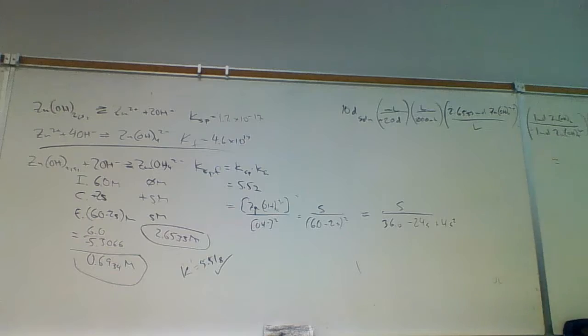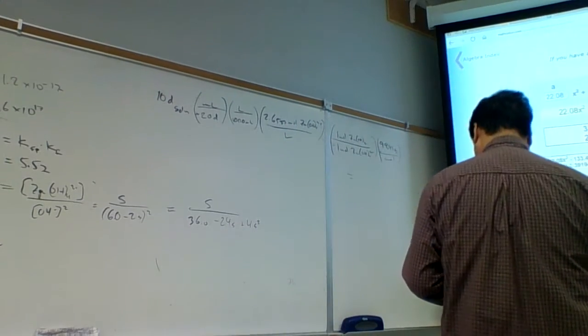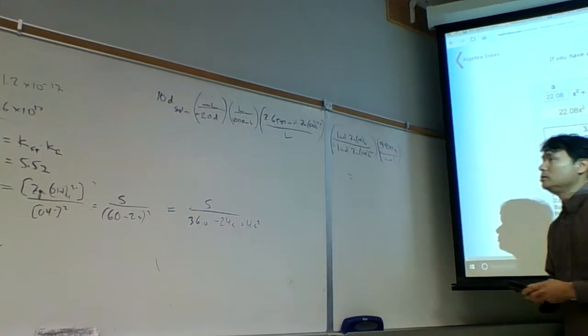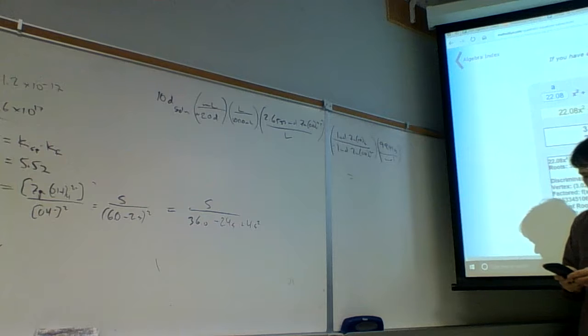So let's see what we get here. We'll do 10 drops divided by 20 drops per milliliter, divided by 1,000, times 2.6533 times 99.41.